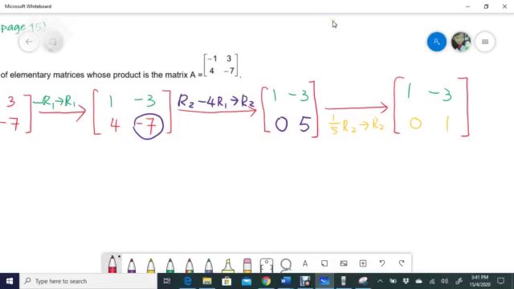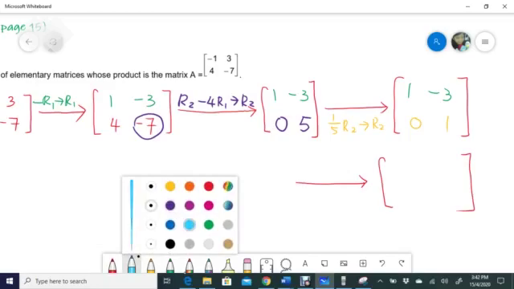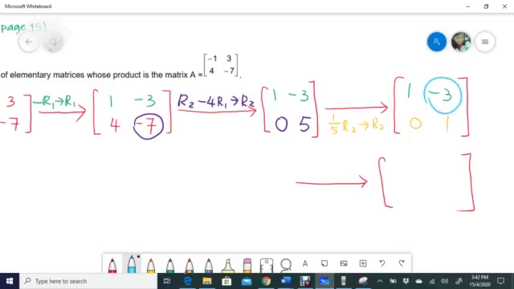Is it finished? No, you still have one more. You still have this -3 here to become 0. If you have space you continue here, if not, you continue downward. So how to get this to become 0?